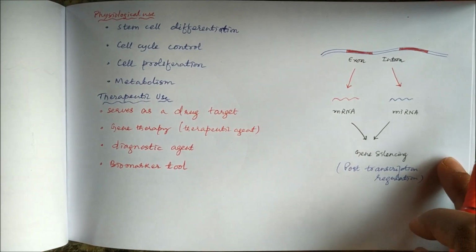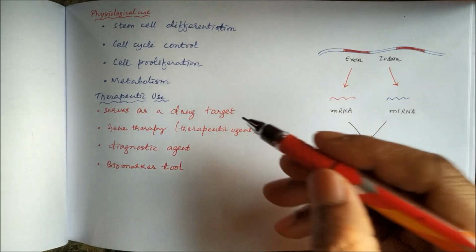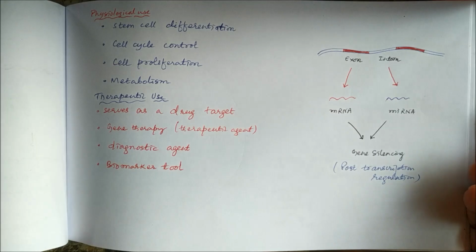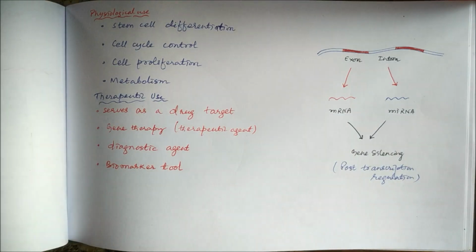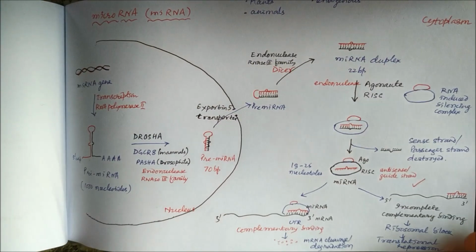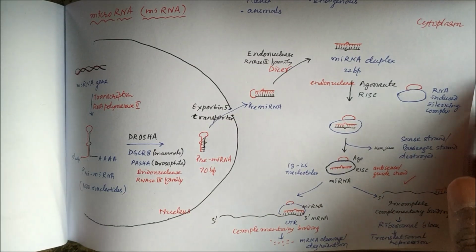Then therapeutically also we can use this microRNA. As we have discussed, microRNA can silence the gene by translational repression. So it can stop the translation.